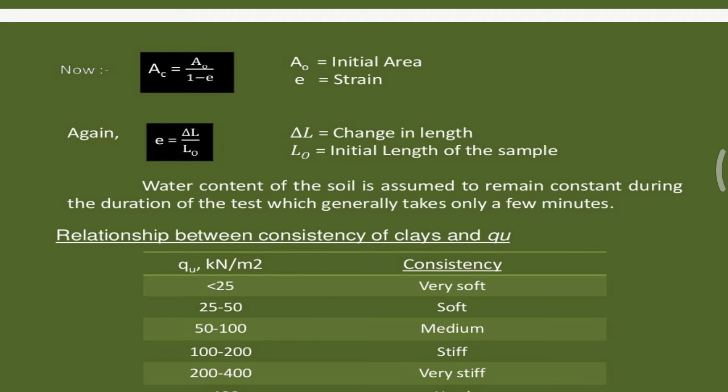From this formula we can easily find the unconfined compressive strength, where the water content of the soil is assumed to remain constant during the test, which generally takes only a few minutes.